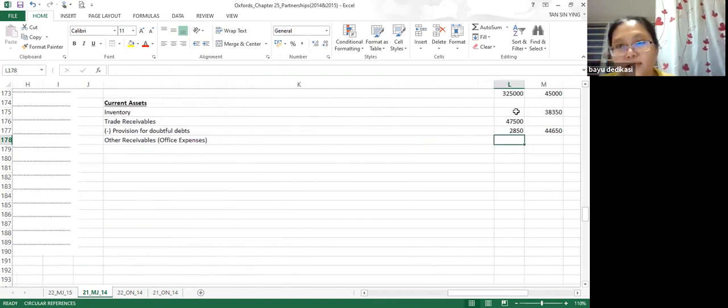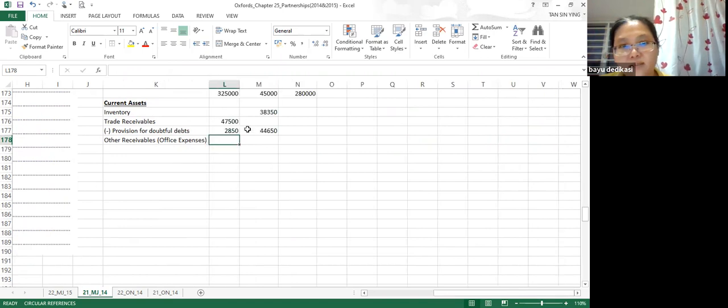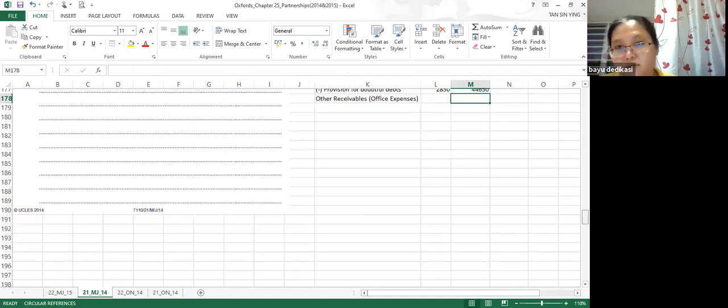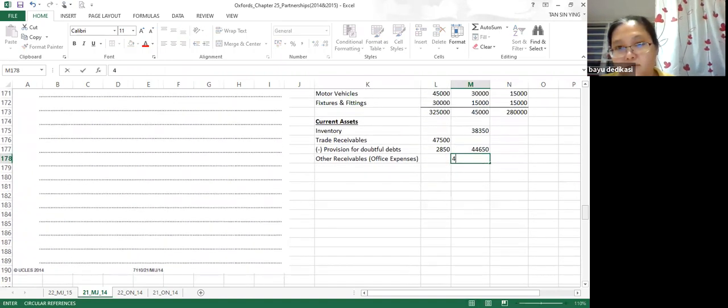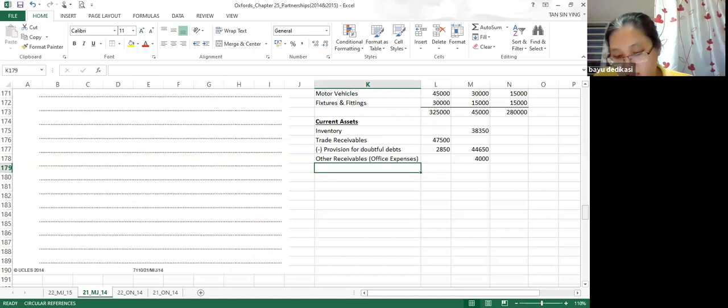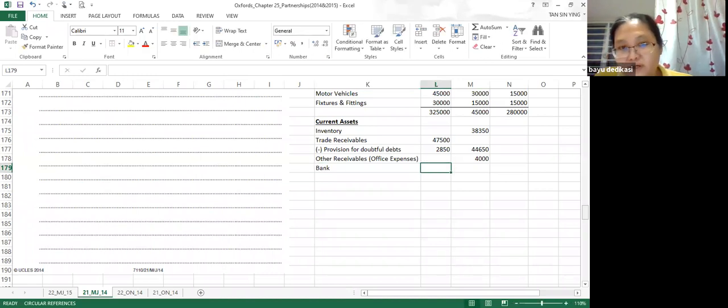I think you need to undo it or drag it. Go to the second column. Put the amount 4,000. The next one is your bank. And your bank got adjustment, don't forget.